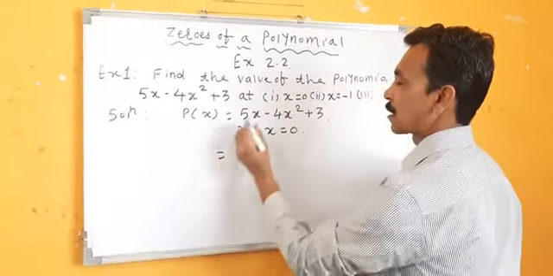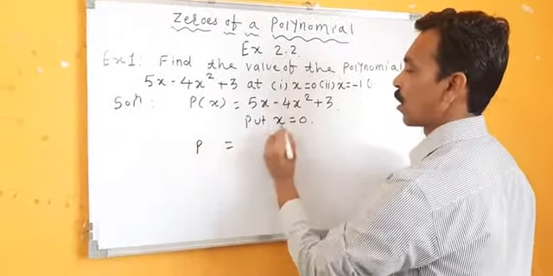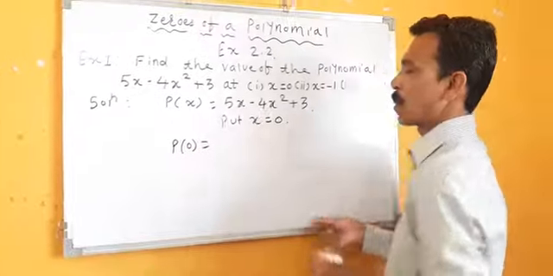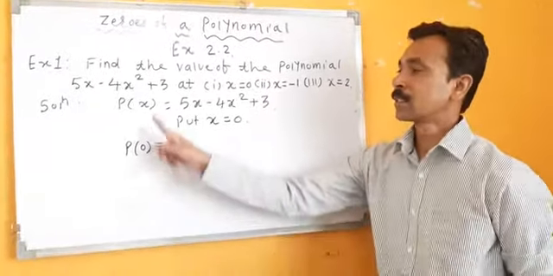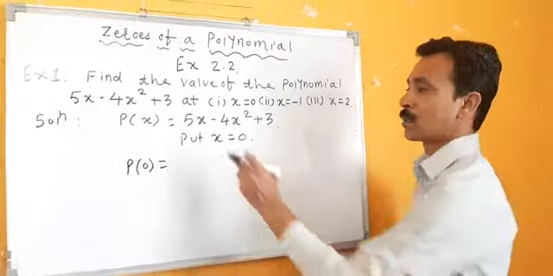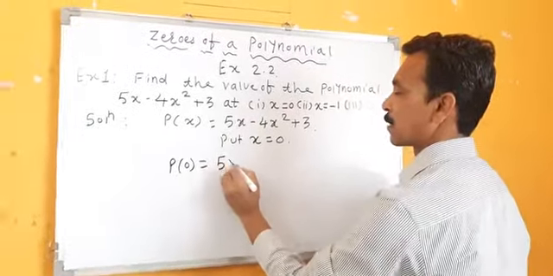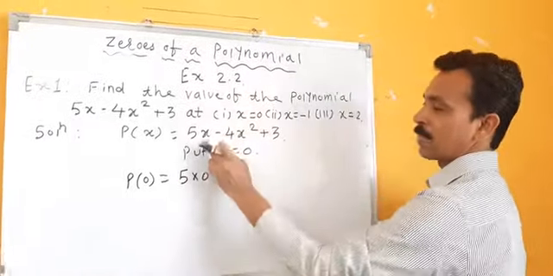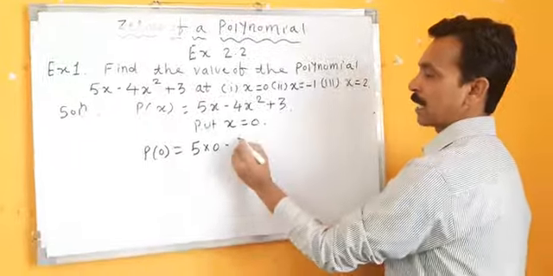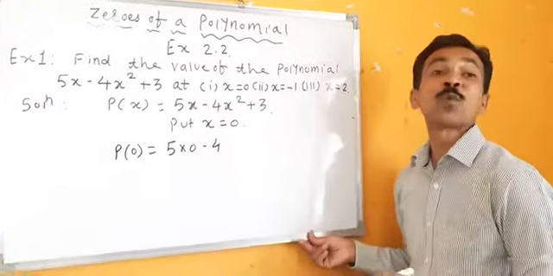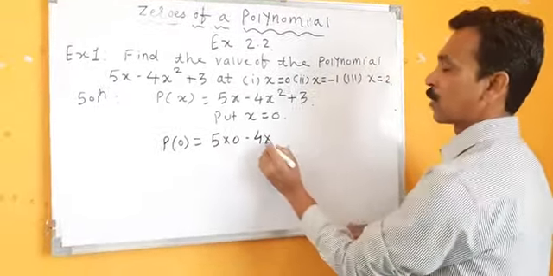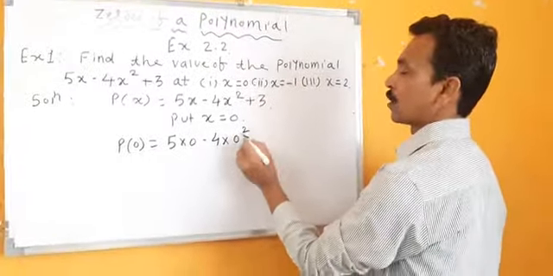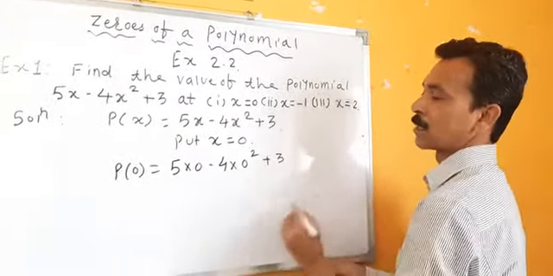It becomes p of 0, because the value of x is 0. So x becomes 0. 5x means 5 into 0. We are placing the value of x as 0. Minus 4x square means 4 into x square, but x is 0, so it becomes 0 square, plus 3.